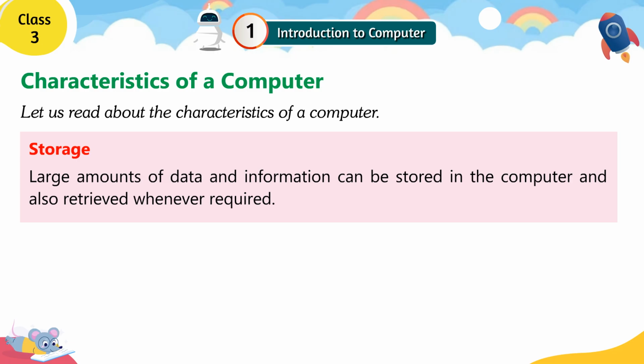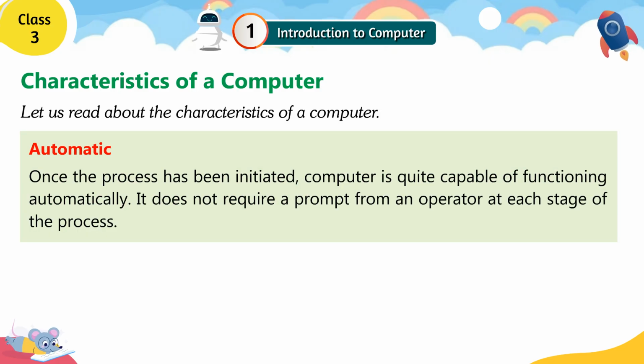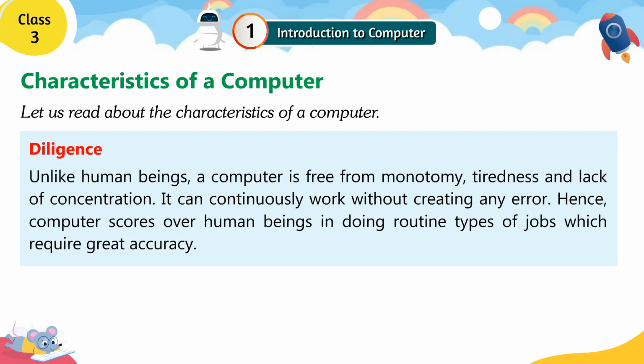Storage. Large amounts of data and information can be stored in the computer and also retrieved whenever required. Automatic. Once the process has been initiated, a computer is quite capable of functioning automatically. It does not require a prompt from an operator at each stage of the process.